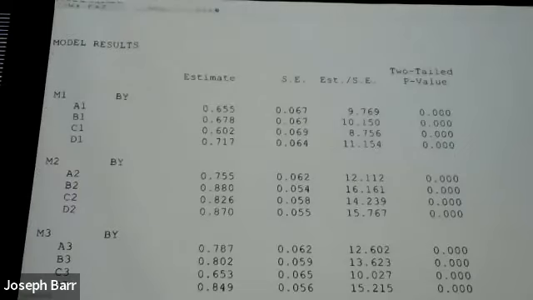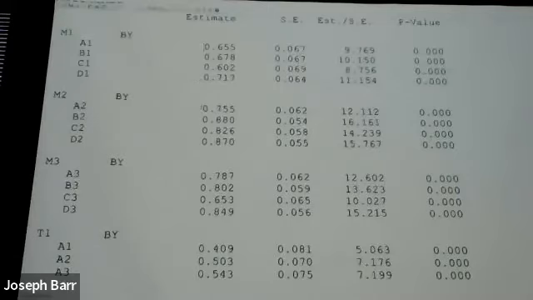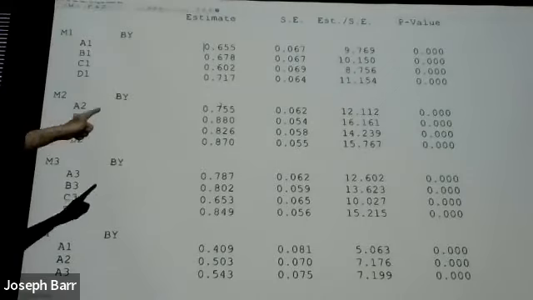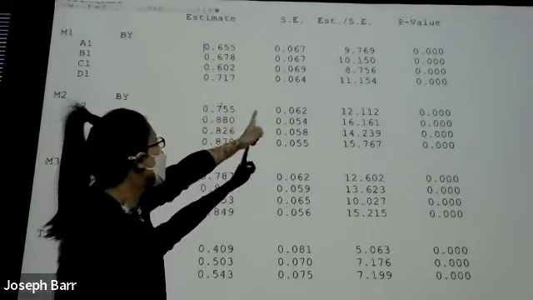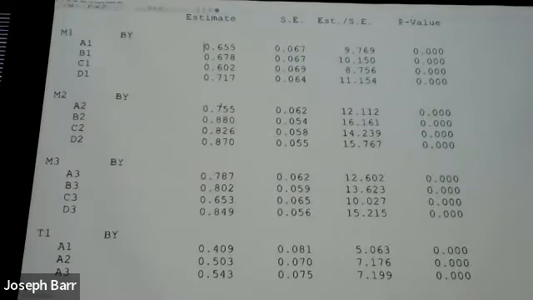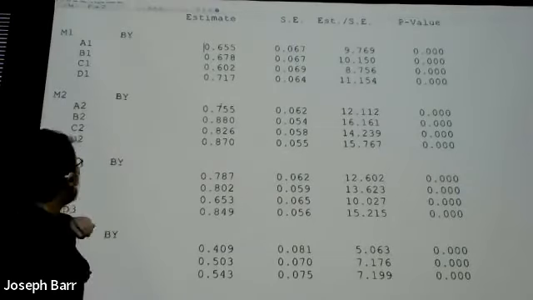Model results. These are factor loadings. Method 1 is measured by these 4 observed variables: A1, B1, C1, D1. The factor loadings, and then the p value. Method 2 is measured by these 4.